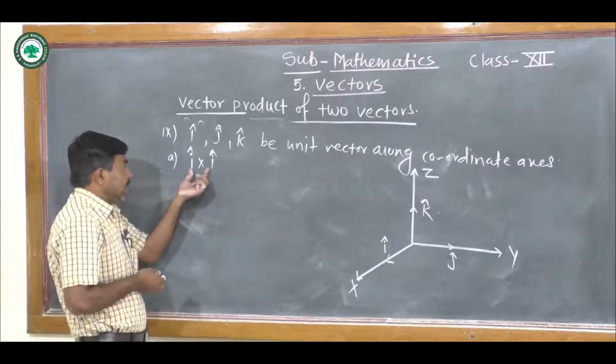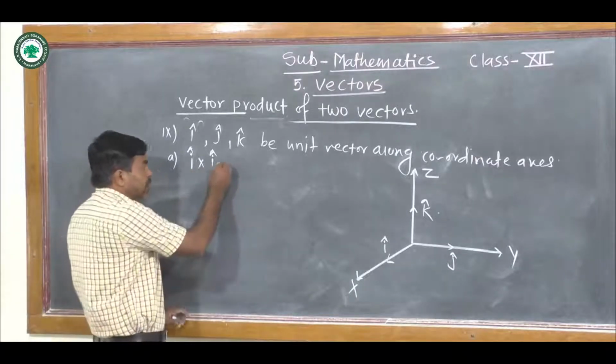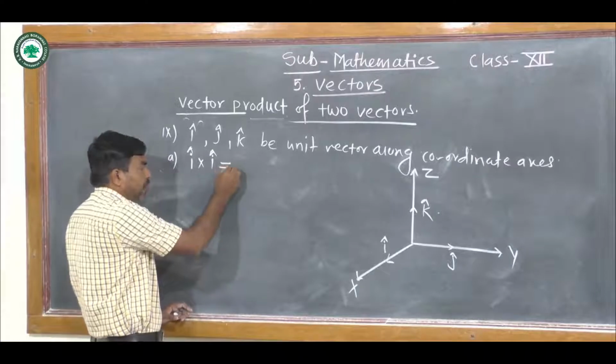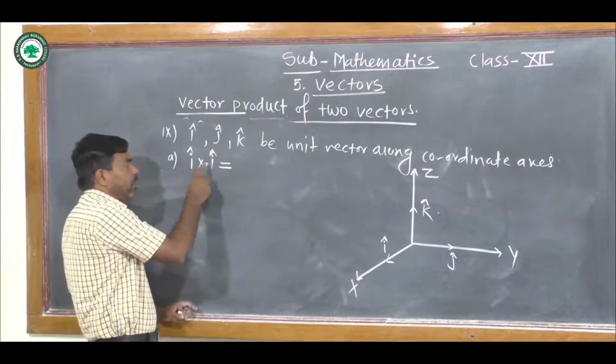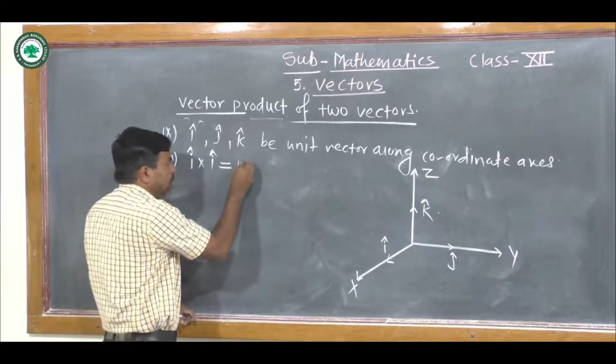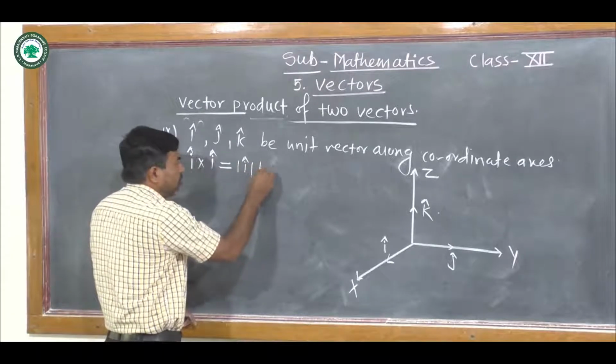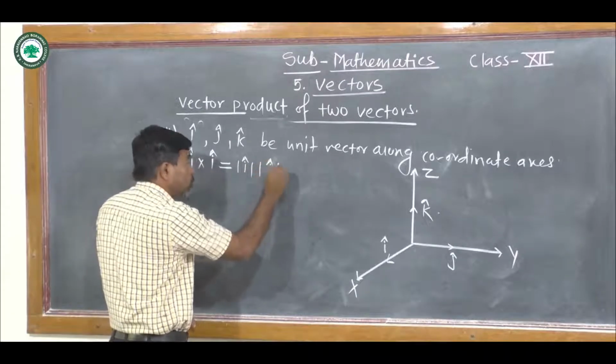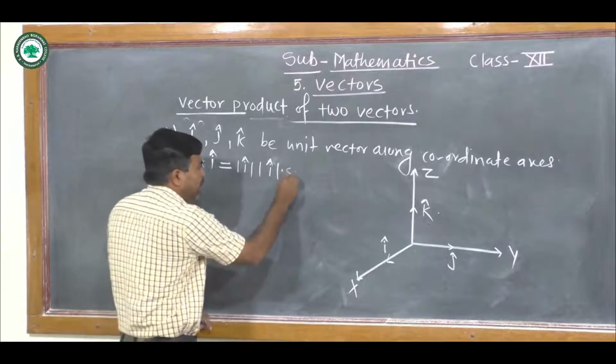So now let's see i cap cross i cap. By the definition of cross product, i cap cross i cap is equal to the magnitude of vector i cap times the magnitude of vector i cap times the sine of the angle between them.